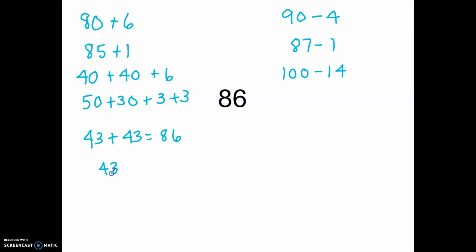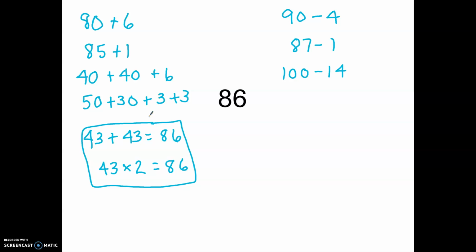So that means 43, not divided by Mrs. Flurry, but 43 times 2, that's 86. Because if 43 plus 43 is 86, then 43 times 2 is 86.